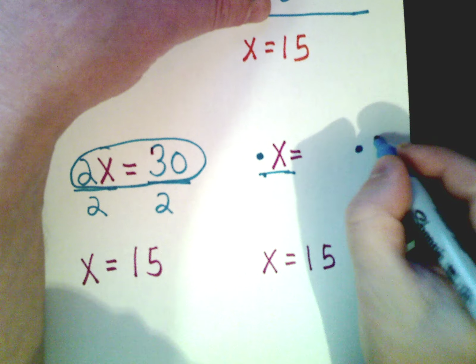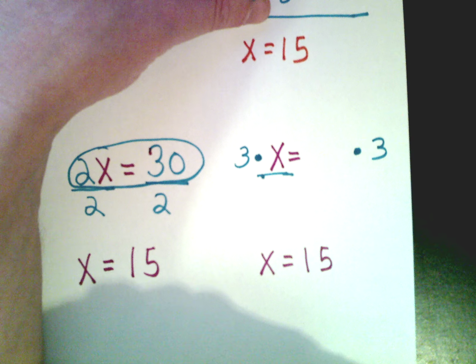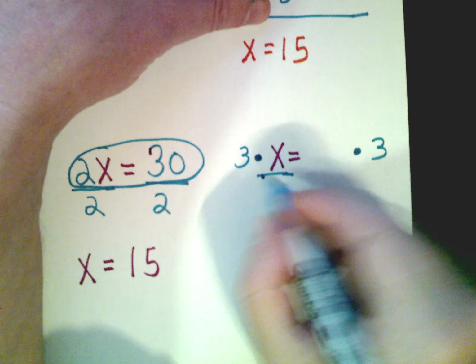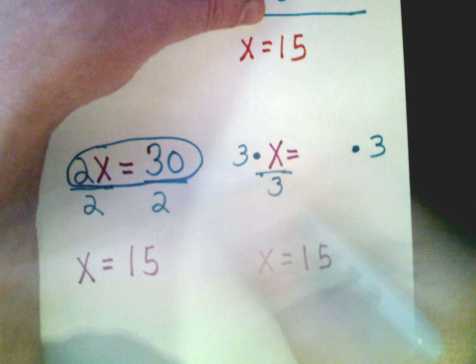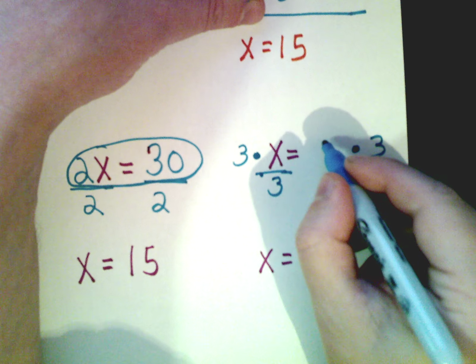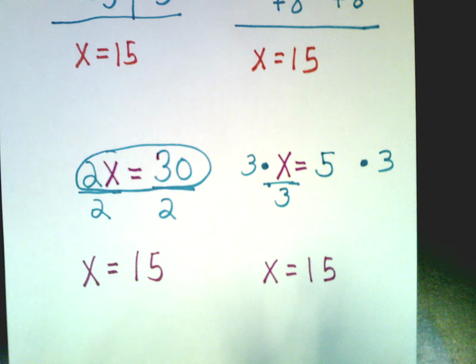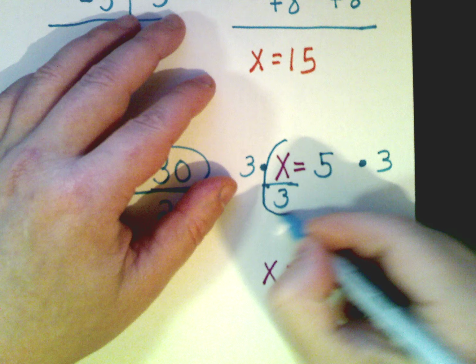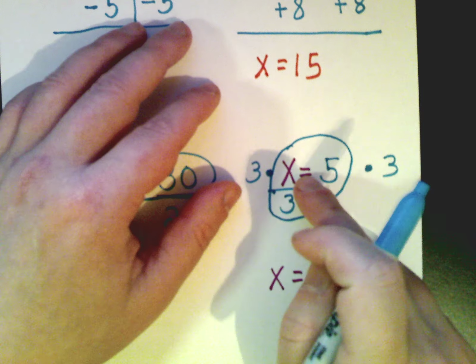So I'm going to put a 3 here and a 3 here. So if I put a 3 there and a 3 there, x divided by 3, we get rid of these 3, equals, as we just said, 5 times 3 equals 15. So here's one using one step with division in it. Also a fraction.